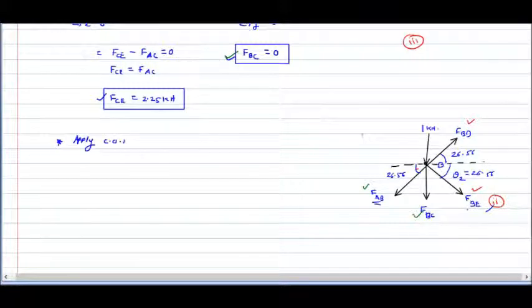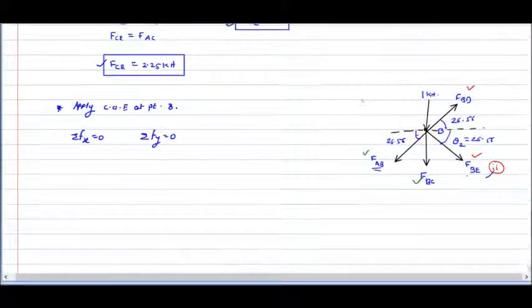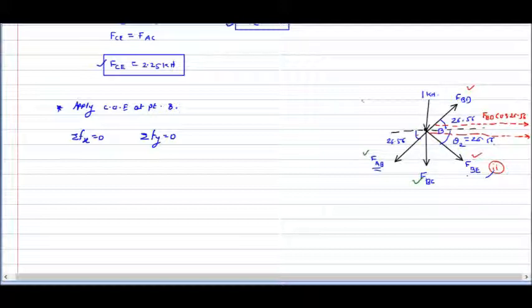For this second figure, we'll apply the condition of equilibrium. Apply COE at the point. So sum of all forces in x direction equal to 0, and sum of all forces in y direction is equal to 0. Now for the sum of all forces in x direction, first of all resolve the inclined forces. FBD will have one resolved component here, that is FBD cos of 26.56, and this is also one x component here.